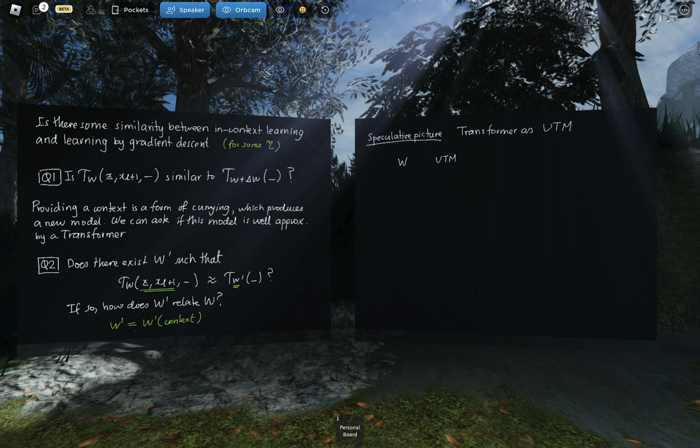And from the point of view of singular learning theory, this corresponds to some very complicated singularity. So here's the mother singularity W. But what actually happens when you make a prediction, well, there's some text, and then along comes something like this.